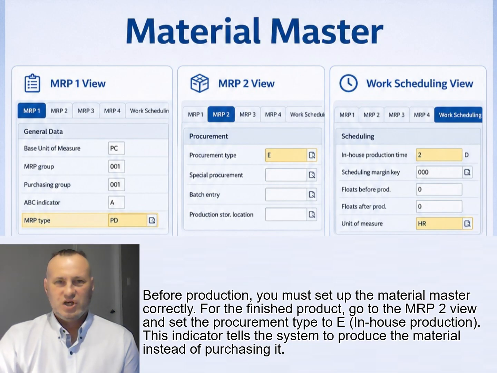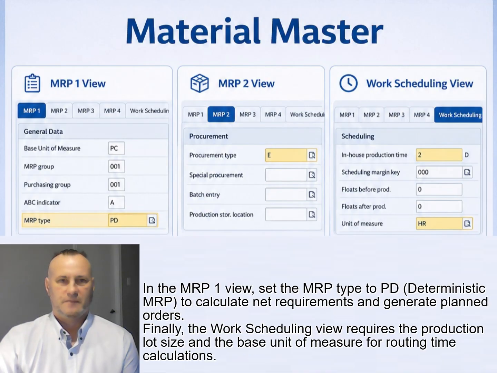Before production, you must set up the material master correctly. For the finished product, go to the MRP2 view and set the procurement type to E, in-house production. This indicator tells the system to produce the material instead of purchasing it.